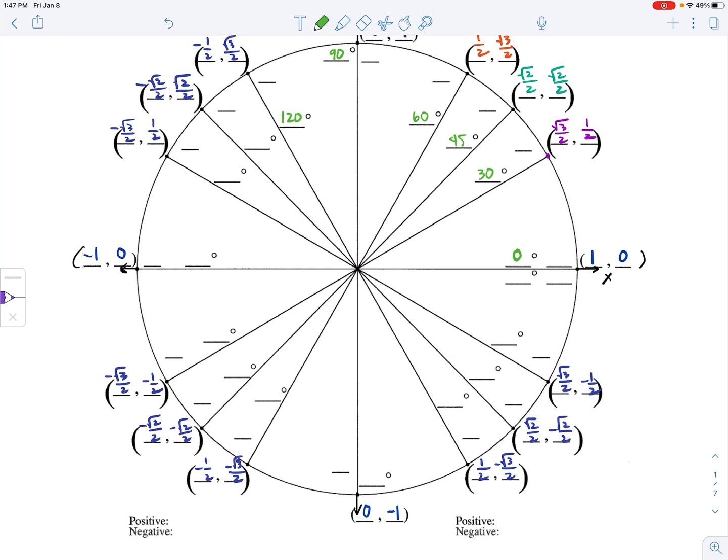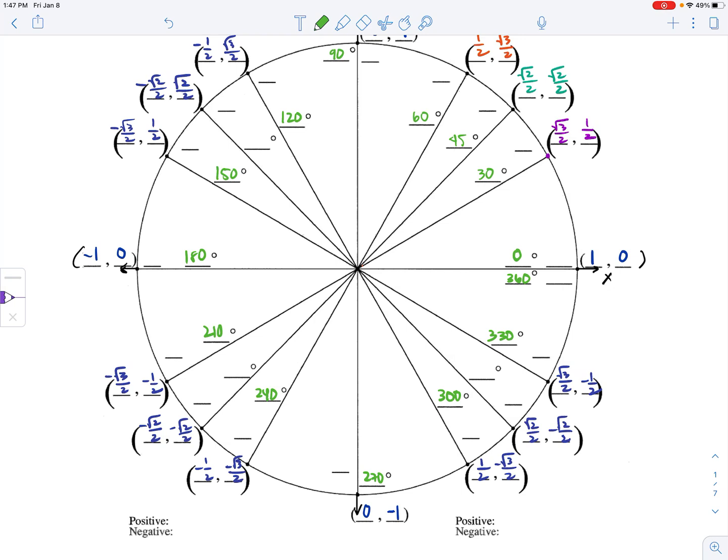To do that, I'm going to think about continuing to add 30 degrees. So like this would be 120 degrees, 150 degrees, 180 degrees, 210 degrees, 240 degrees, 270, 300, 330, and 360.